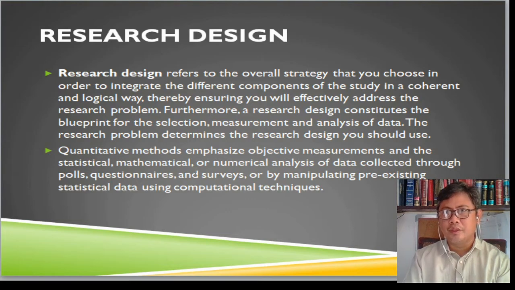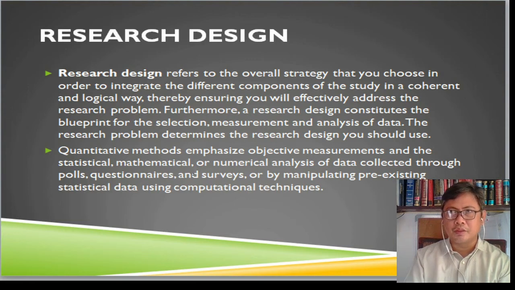We have the significance of the study, all of those things. In chapter 2, we have the review of related literature. We have the conceptual framework, the paradigm of the study, the definition of terms. So you should know all of these components of your research, thereby ensuring that you will be effectively addressing the research problem.